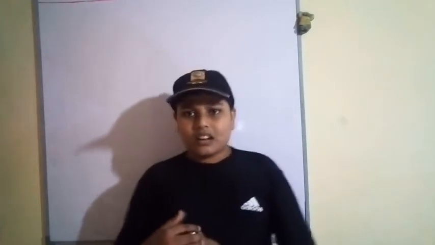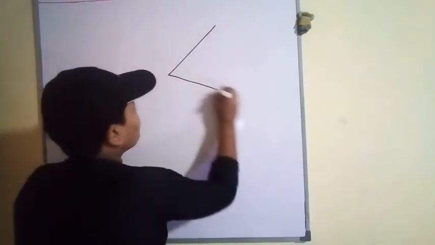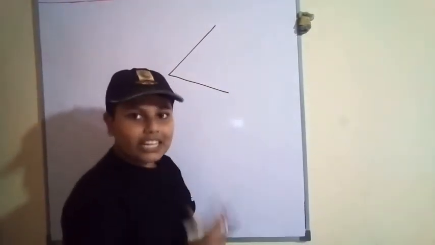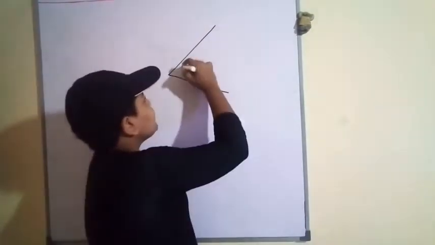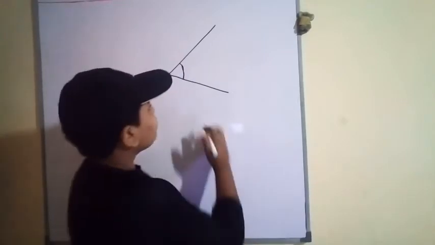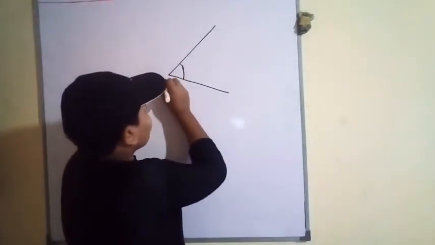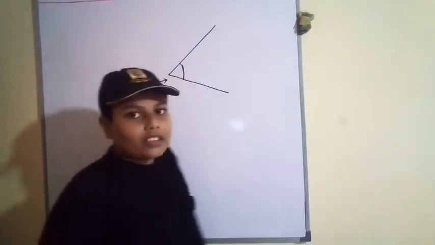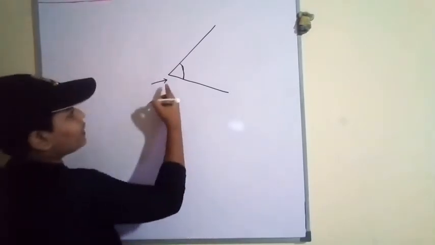Now, what does angle mean? The angle means two straight lines meeting each other. Now they have an angle. This is the angle. What is this point called?